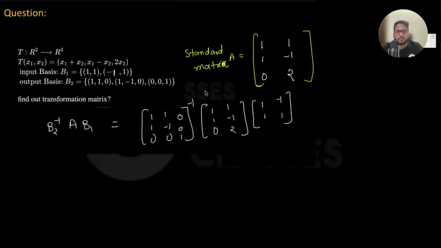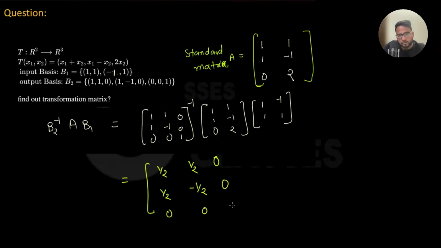So the inverse I already have with me for this particular matrix. I calculated it, and it comes out to be 1 by 2, 1 by 2, 0, 1 by 2, minus 1 by 2, 0, 0, 0, 1.